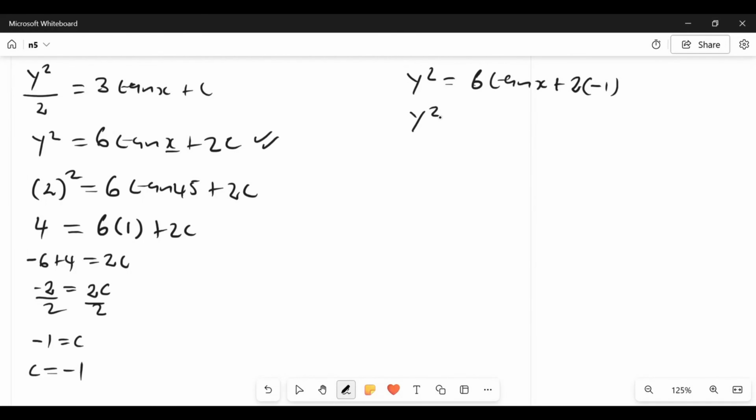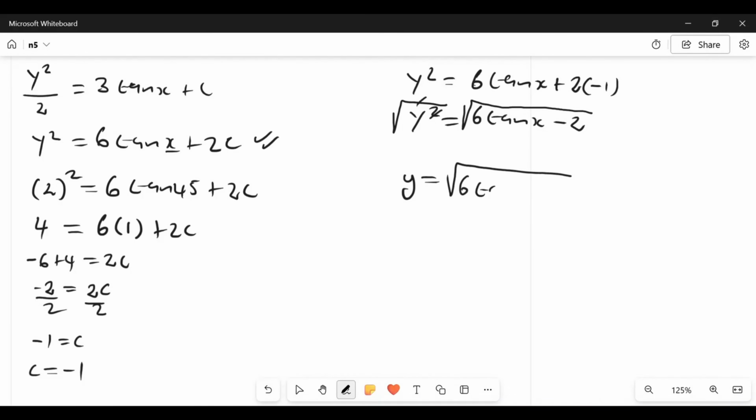We have y squared equal to 6 tan x minus 2. We have to make y the subject of the formula, so we have to square root both sides. The square and square root cancel, meaning our y is going to be equal to the square root of 6 tan x minus 2. So this here, guys, is our final answer.